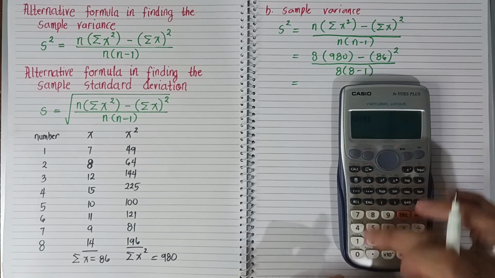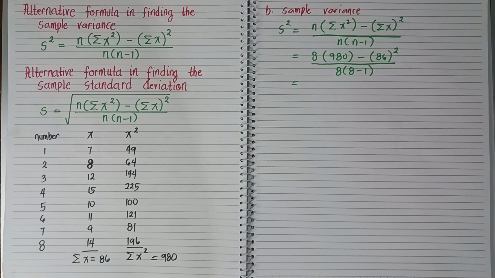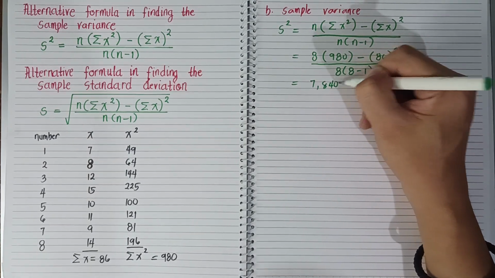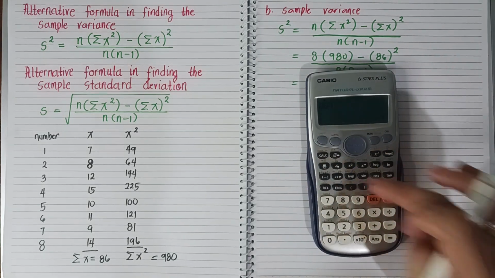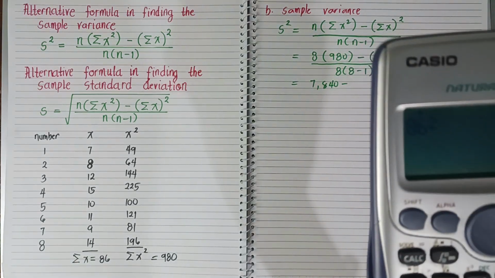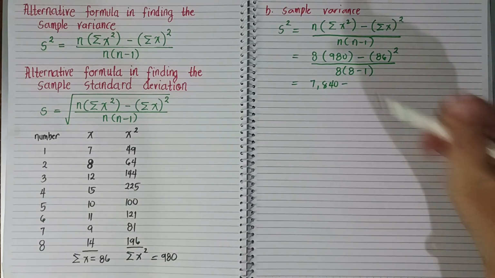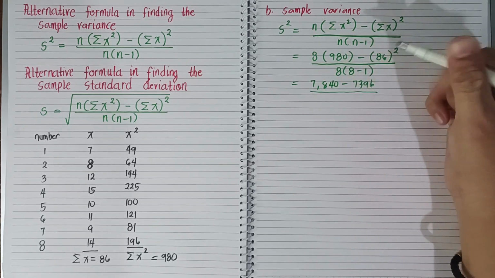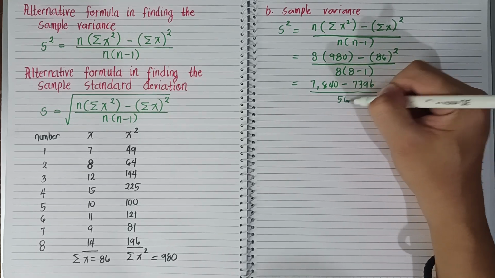And then, we need to perform 8 times 980. So, 8 times 980. That is equal to 7,840. 7,840 minus 86 squared. That is 86 times 86. That is 7,396. So, 8 minus 1 is 7 times 8, 56.